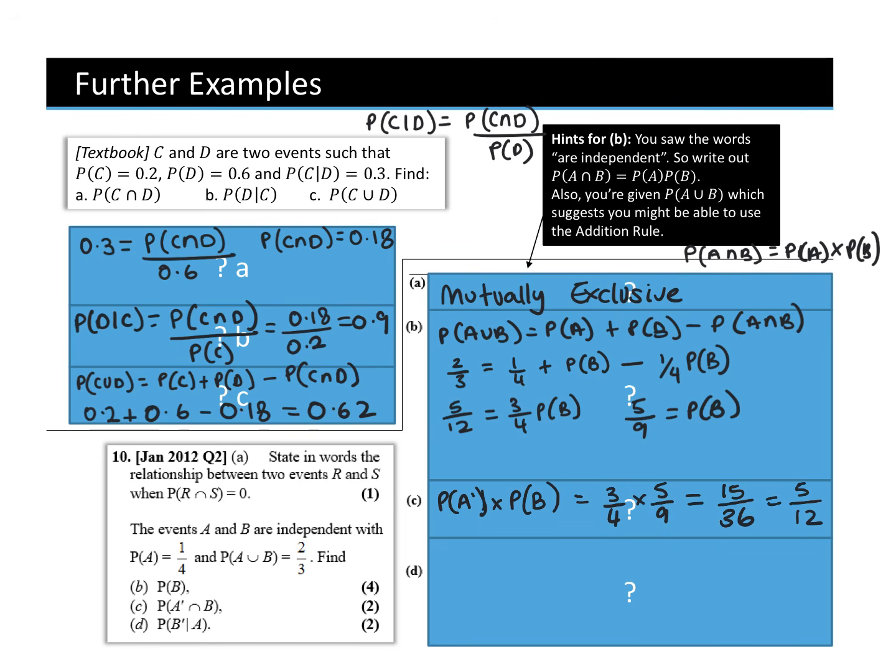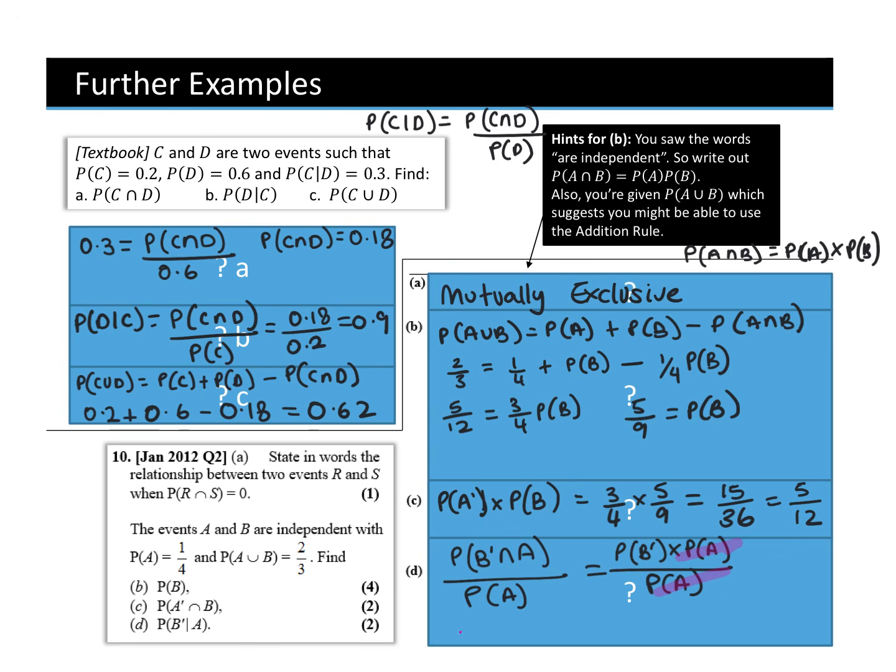It then says, find the probability of B dash given A. So this is the probability of B dash intersection A over the probability of A. Now, the probability of B dash intersection A is the probability of not B times the probability of A, all over the probability of A. So remember, we can cancel these out.